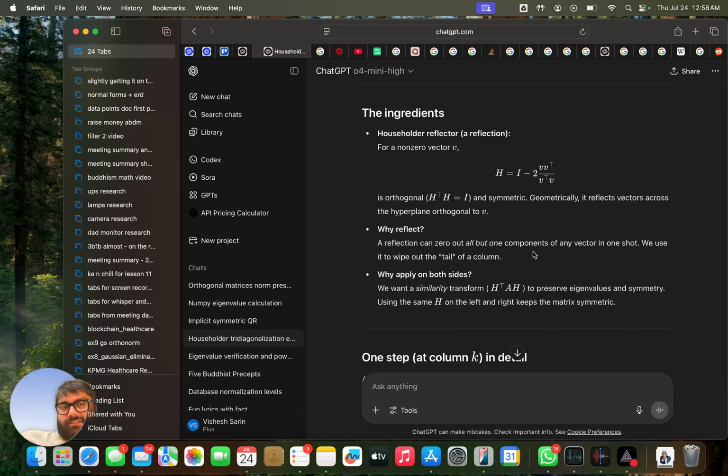So 2 divided by the dot product, which yields a scalar, and then you scale the outer product of those 2 vectors by that and subtract from the identity matrix. That's how you get the Householder reflector. And remember from our previous episode that the outer product yields a matrix and the inner product is the dot product, and yields a value.